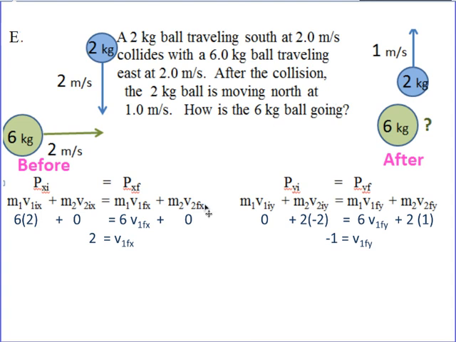And then you put in the y, and notice this one has no y velocity before. This one does have y velocity. I don't know its y velocity, but this one has a y velocity of positive 1. If you solve these, you get that the x velocity of number 1 is 2, and the y velocity of number 1 is negative 1.